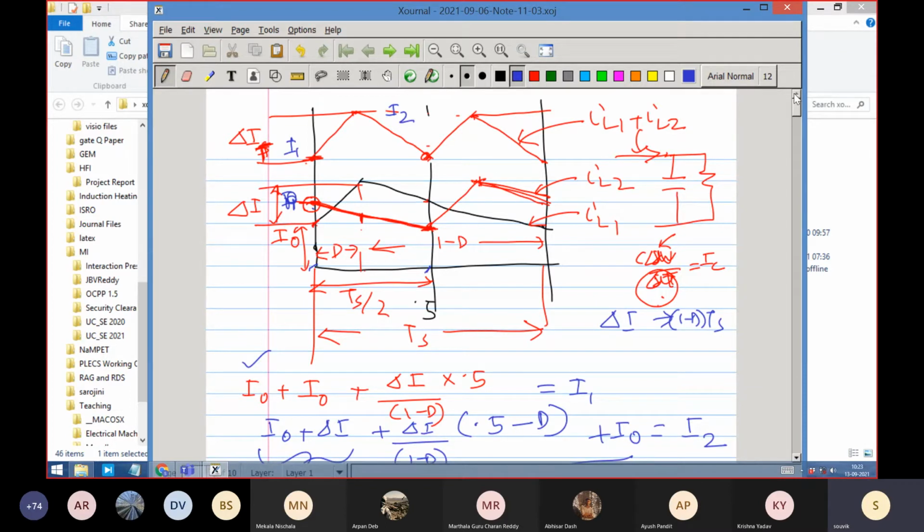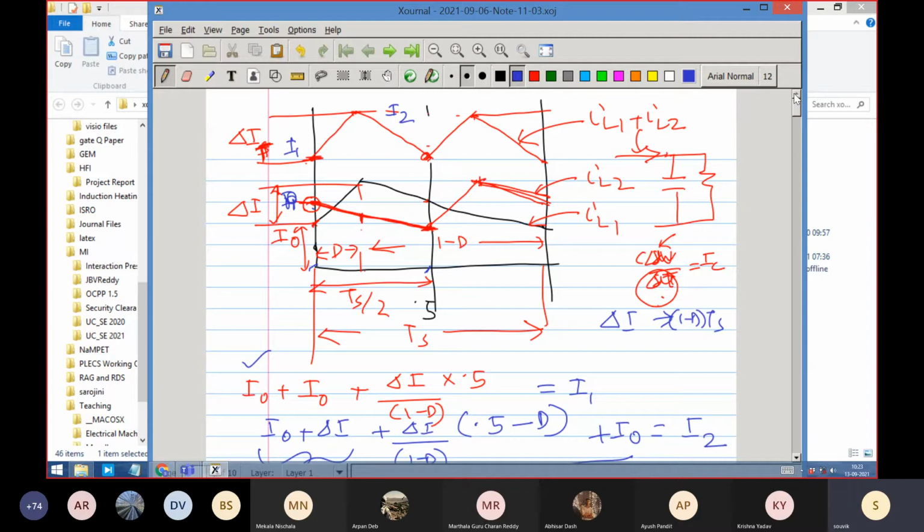So this frequency increase is helping, because the capacitor has to charge and discharge quickly. That means it requires less storage, right? Its storage requirement is reducing, because it has to do it for a smaller time as the frequency of the current waveform is increased, right? So that is one part.